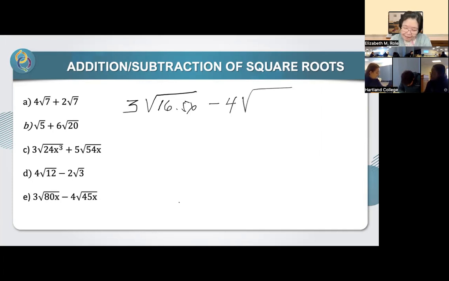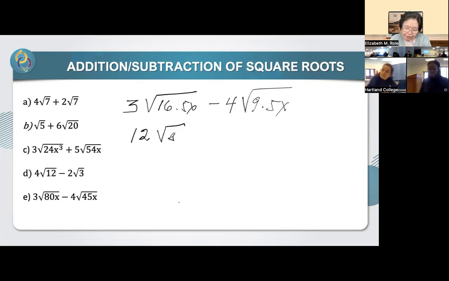Your 45x is the same as 9 times 5x, correct? Yes. The square root of 16 is 4, and 4 times 3 is 12. The square root of 5x minus the square root of 9 is 3, and 3 times 4 is 12.